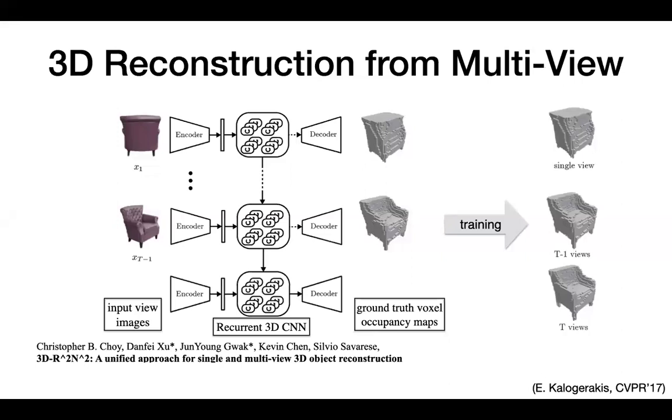This is very clever, because it processes different images from different points of view. And so we have an input view image, and we have the ground truth voxel occupancy map. And we have this recurrent 3D network that, as you give more views, is going to learn more about the object.